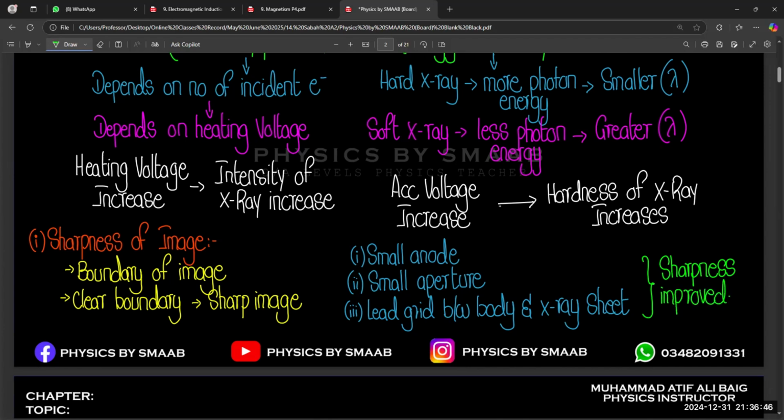So these are the factors for the improvement of the sharpness, right?